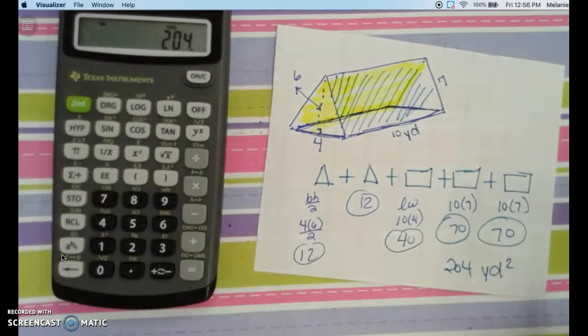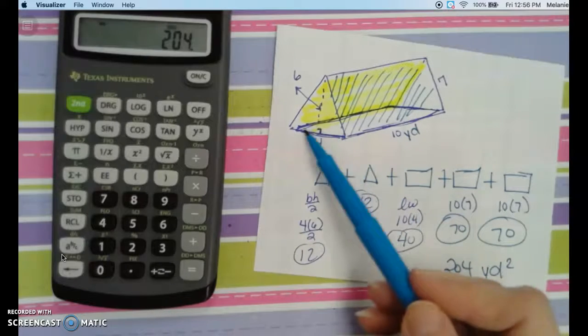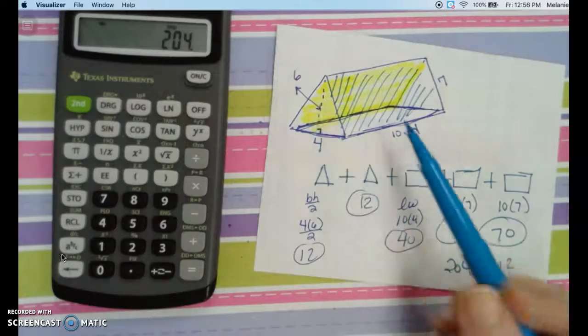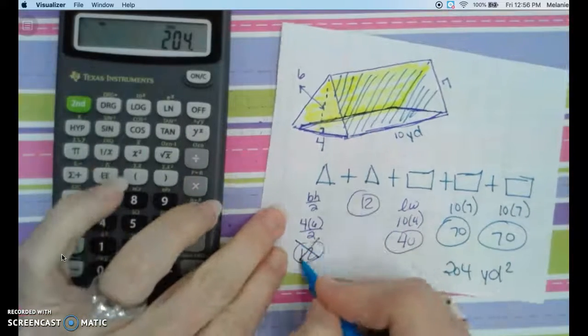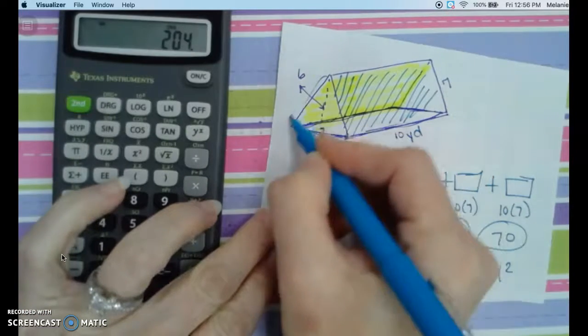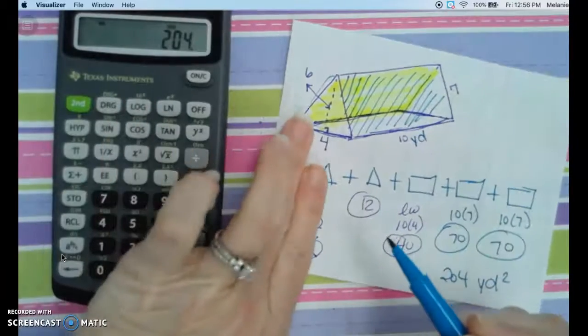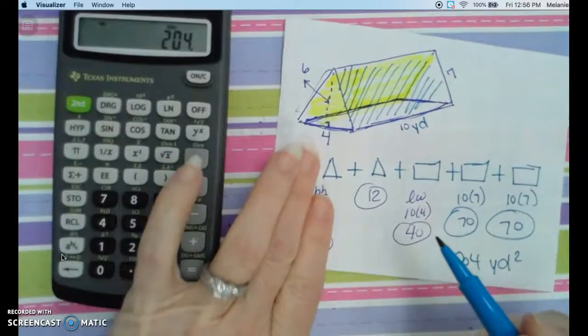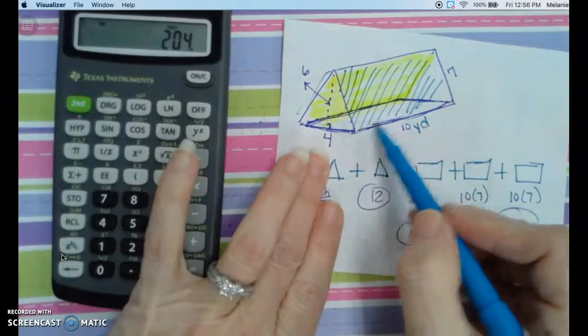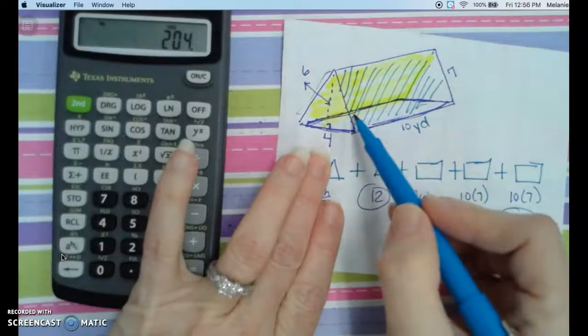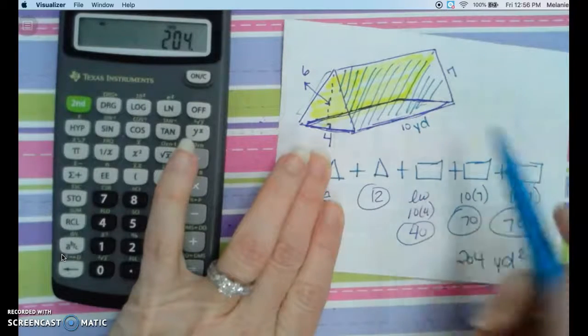Now let's say this was like a dog house, for example, well, you would need a door to get in. So if we didn't do the door, if we left this out, let's say that was going to be our door, we were going to leave it open, we would not put the 12 in. Let's say that we were not going to put any wood on the bottom, we were going to leave it just the regular ground.